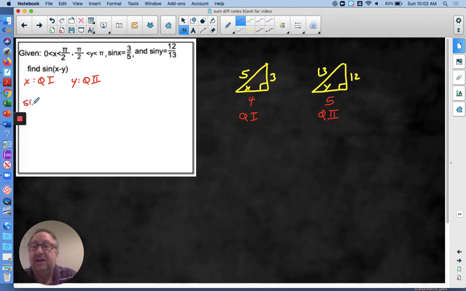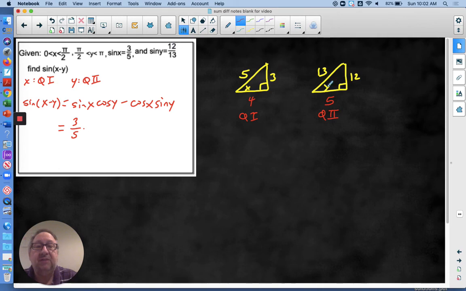So the sine of x minus y is the sine of the first, cosine of the second, minus, this time the minus carries through, cosine of the first, sine of the second. We should have all the values that we need. Sine of x is given 3/5. Cosine of y, I got to come over here.